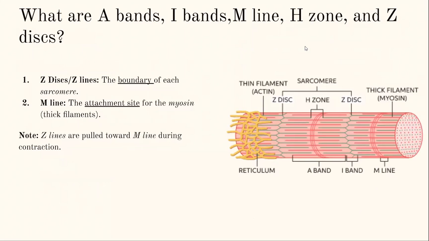So this entire thing right here, the Z discs, or you can also call it the Z line. The Z line is just the boundary of each sarcomere. So this is one sarcomere right here.